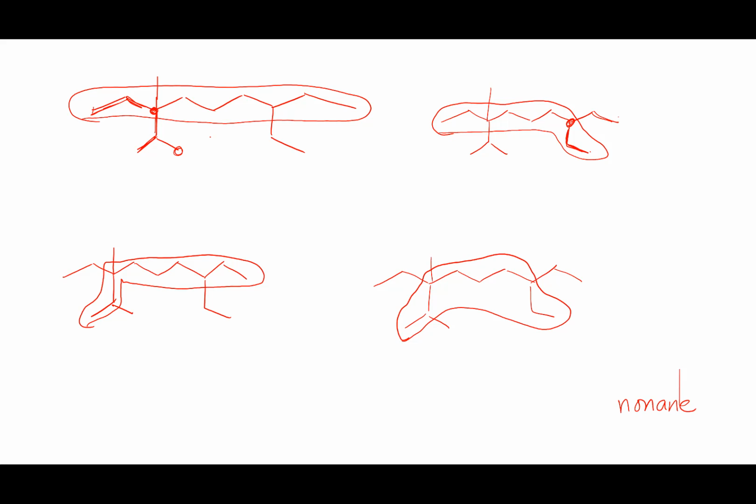If you have a highlighter, you could highlight the longest chain, and then it makes it easier to see the groups that are hanging off of it. This is the way I like to do it. And so for the top one then, and we're right now not dealing with the ones on the right because they're going to have the same name. So we're just going to deal with the two on the left.